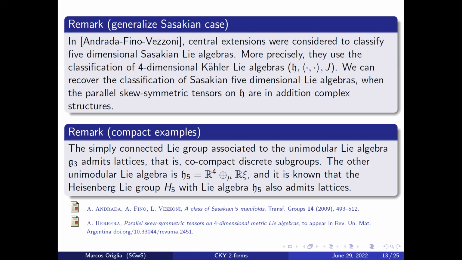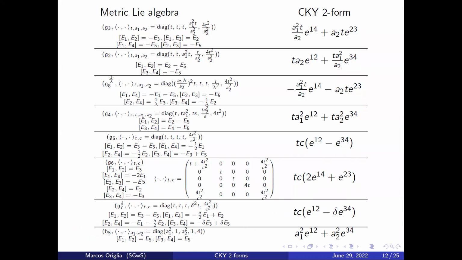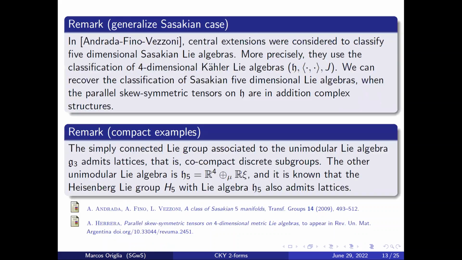So this list includes the Sasakian structure. And to see that, for example, in the last one, I think in all the cases you need to take the parameters A1, A2 equal to 1. So in that case, the original skew-symmetric parallel endomorphism is actually a complex structure, and then it produces a Sasakian structure, right? So in our list, there are examples of Sasakian and non-Sasakian.